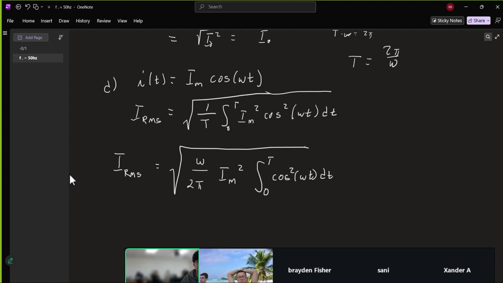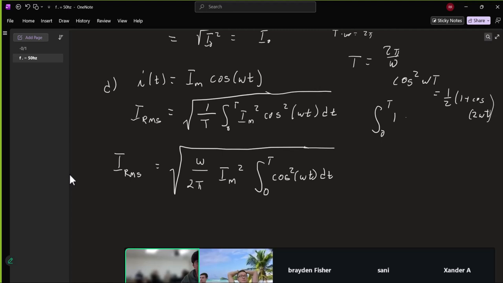Now you can use MATLAB or whatever you want, but I'm just going to be old-fashioned. And if you remember way back from Calc 2, cosine squared omega t equals 1/2 times 1 plus cosine 2 omega t.